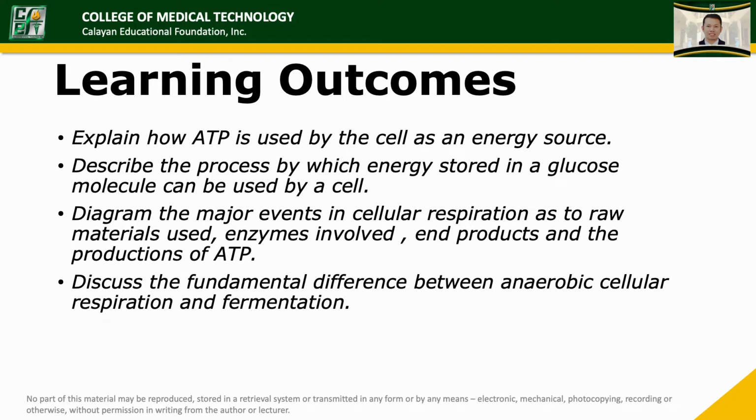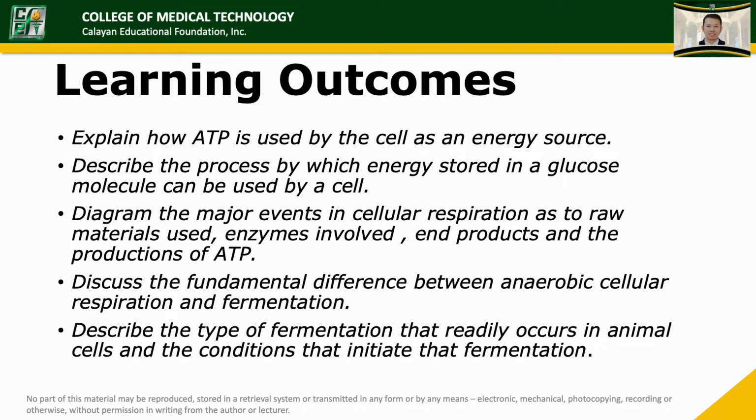Fourth, discuss the fundamental difference between anaerobic cellular respiration and fermentation. And five, describe the type of fermentation that readily occurs in animal cells and the conditions that initiate that fermentation.